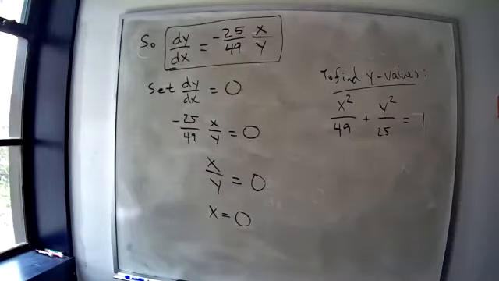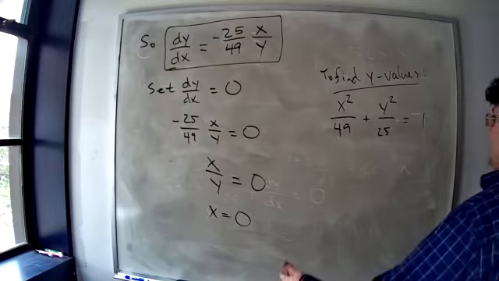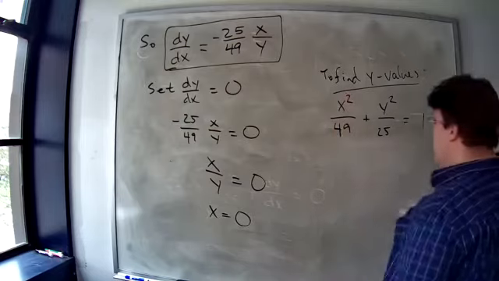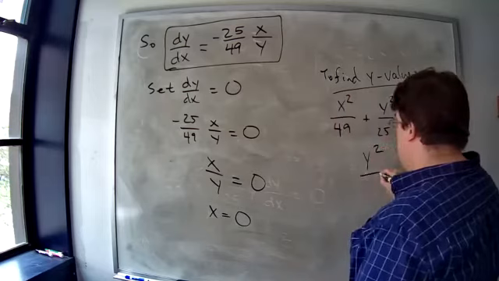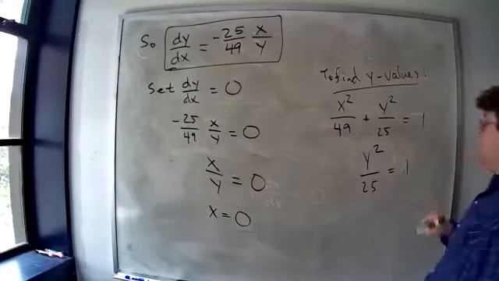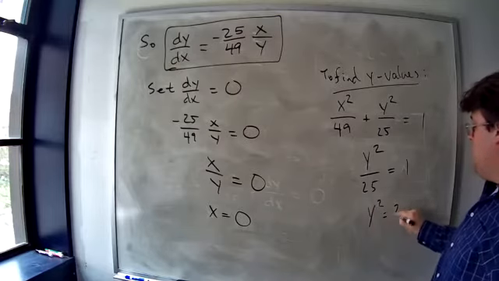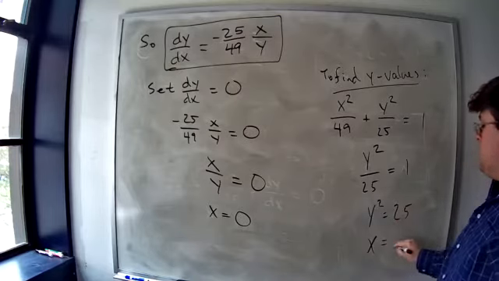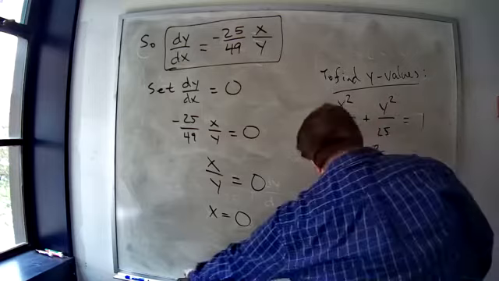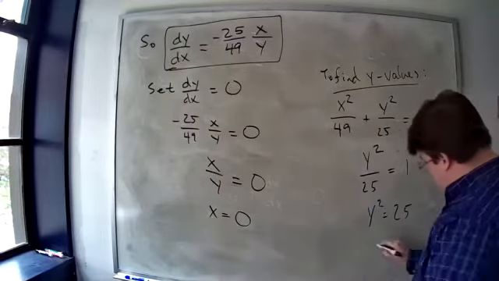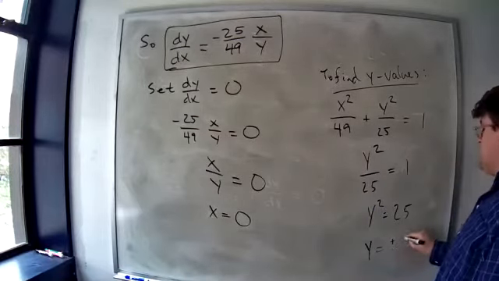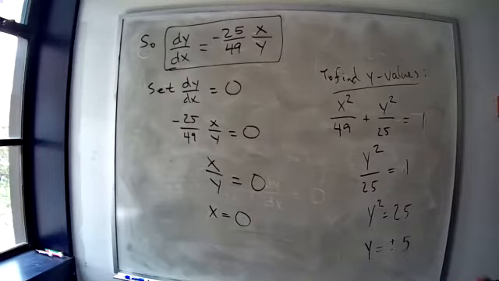So we need the y values for our coordinates. Well, if x equals 0, that term goes away. You get y squared over 25 equals 1. Solve this for y. y squared equals 25, so y would equal positive or negative 5.